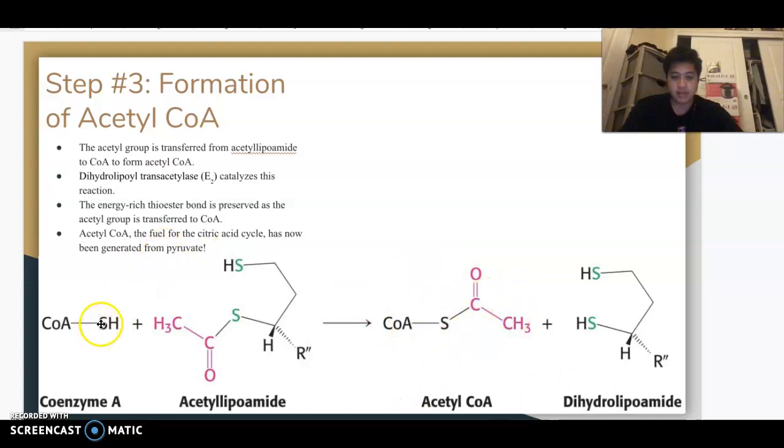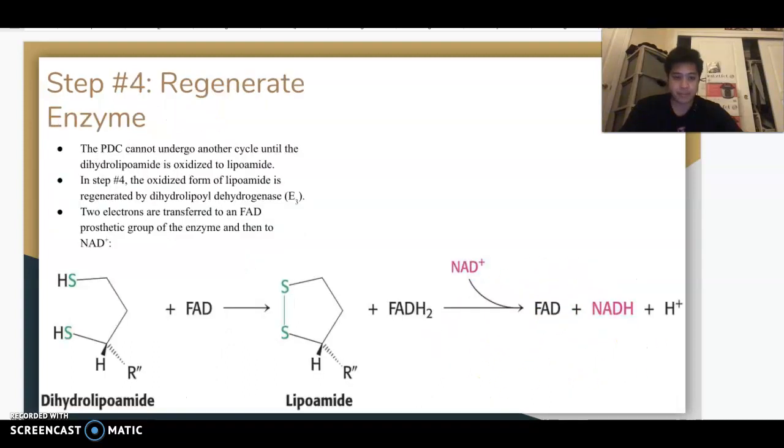This attaches to this, and this H attaches to this S, which is why we have these two molecules here. The PDC cannot undergo another cycle until the dihydrolipoamide is oxidized to lipoamide. So we need to regenerate the enzyme, and in order to do that, we need a fourth step.